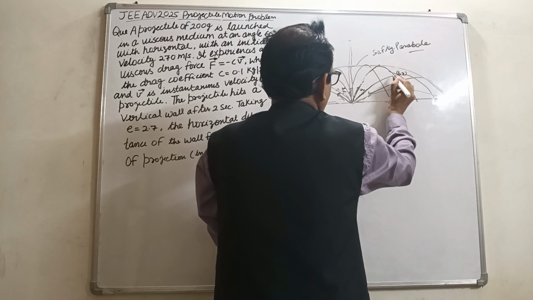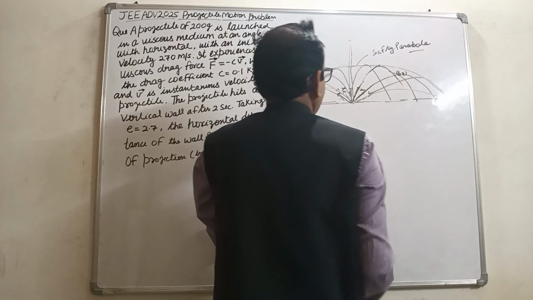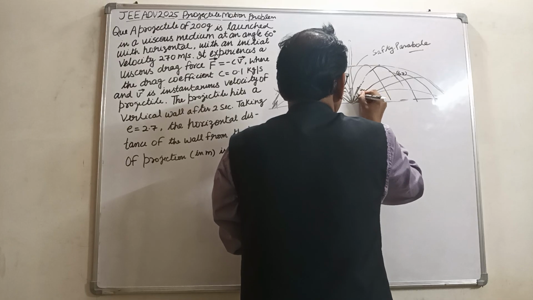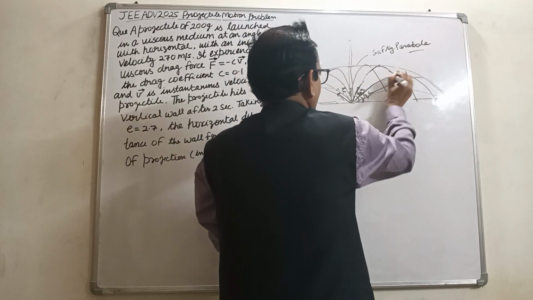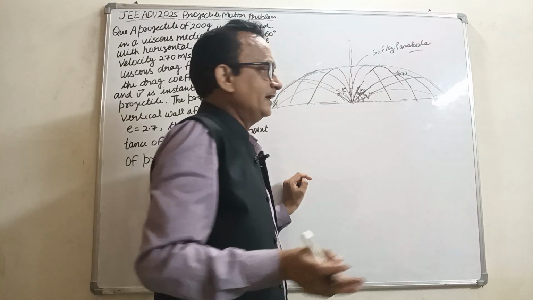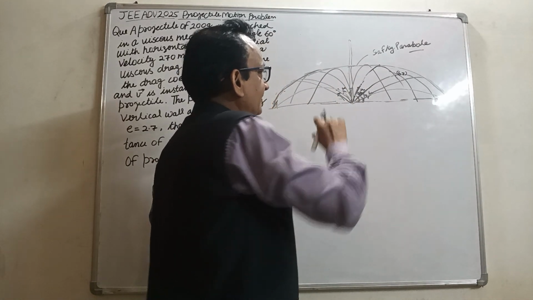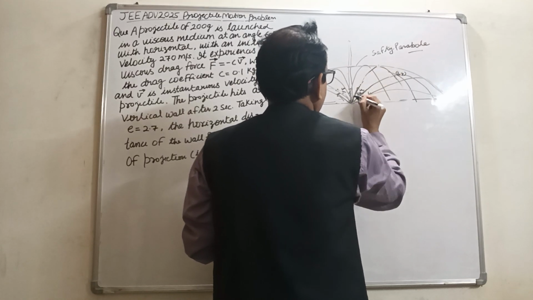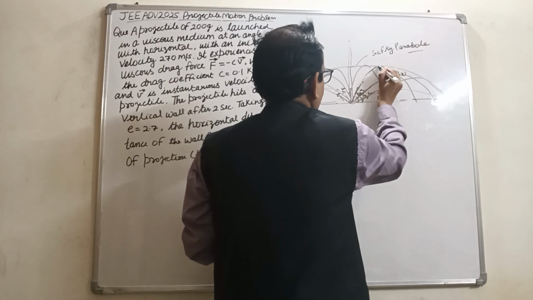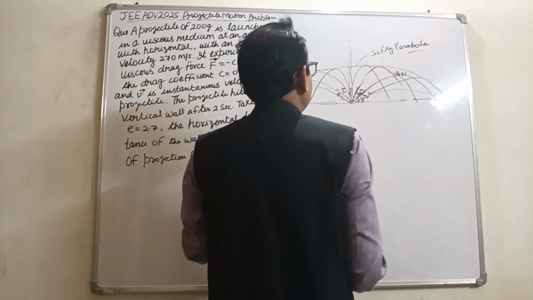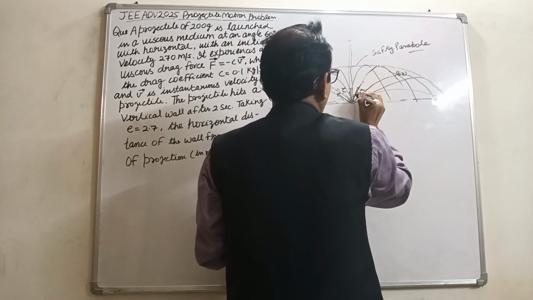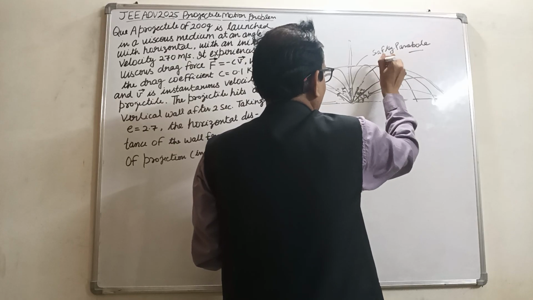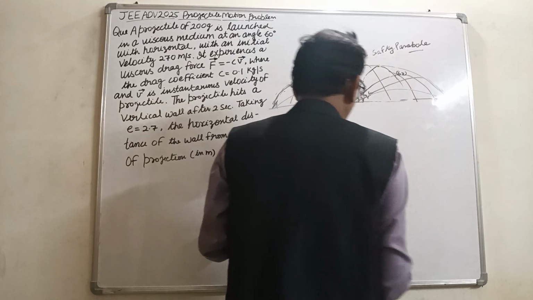So two angles of theta are responsible, theta 1 and theta 2, to strike this point. So this point lies inside the safety parabola. Only one point exists on the safety parabola, and only this bullet strikes this point. This bullet is just grazing the safety parabola.